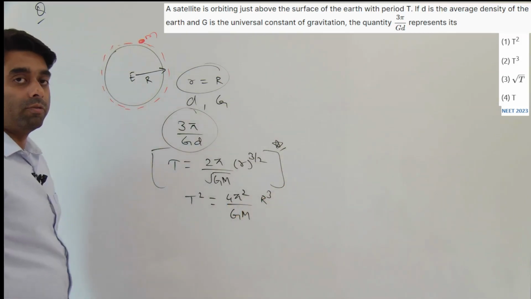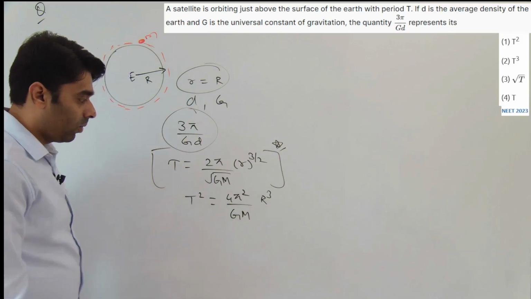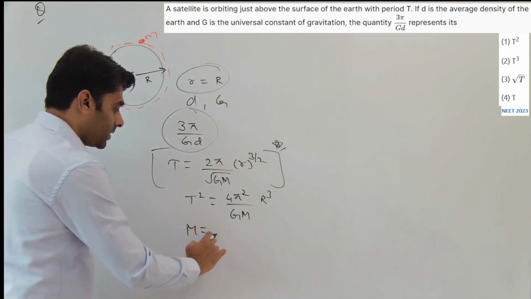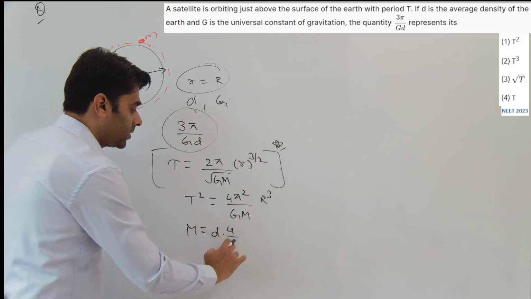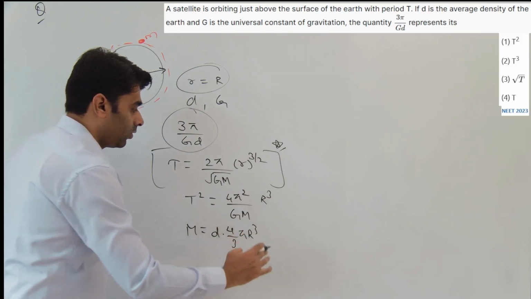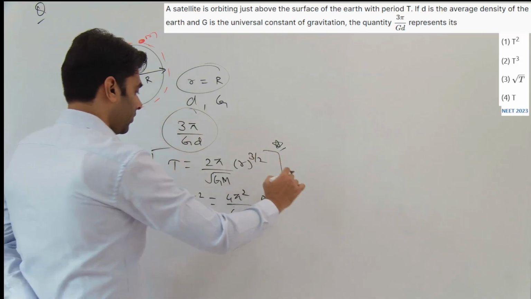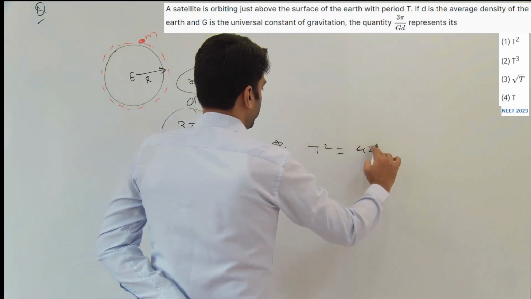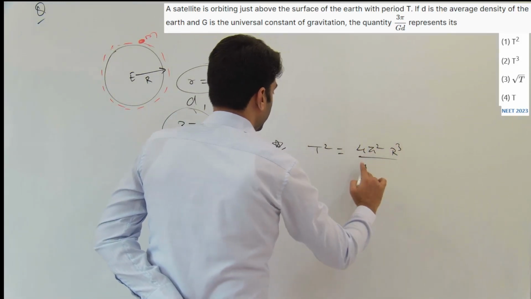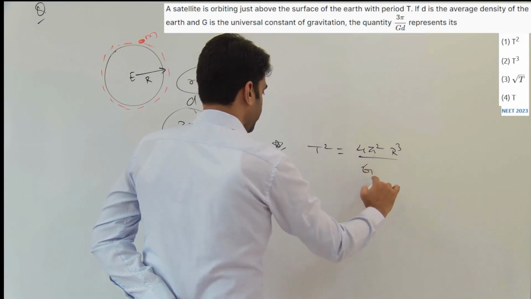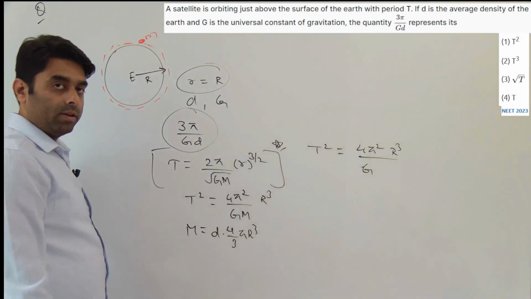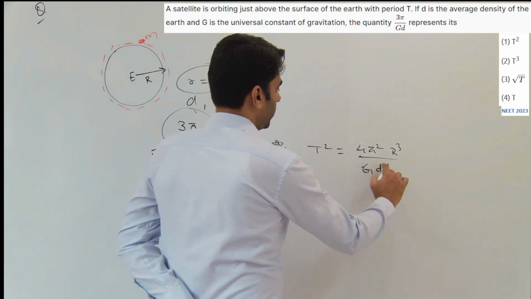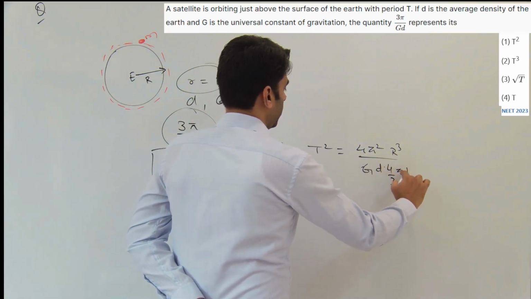Well and good. We want it in terms of density, so mass can be written as density d into volume, 4 by 3 pi r cube. So T square is equal to 4 pi square r cube by G into M, where M is density into volume, 4 by 3 pi r cube.